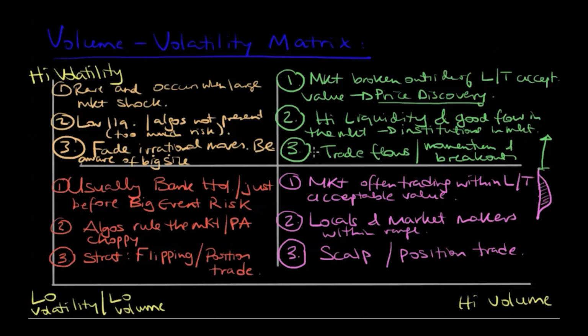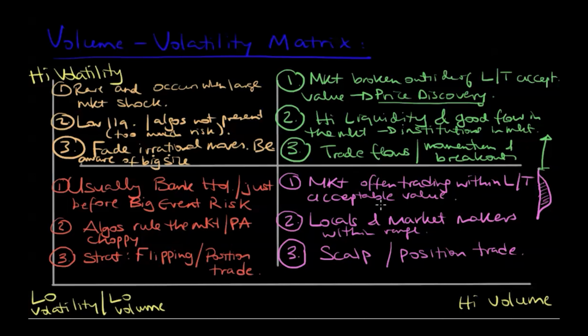A lot of the time it's spending in this area, which is really range bound, reasonable, average to good volume. Sorry, not this one here. High volume, low volatility. So the market's trading within an acceptable range, low volatility, not moving too much.